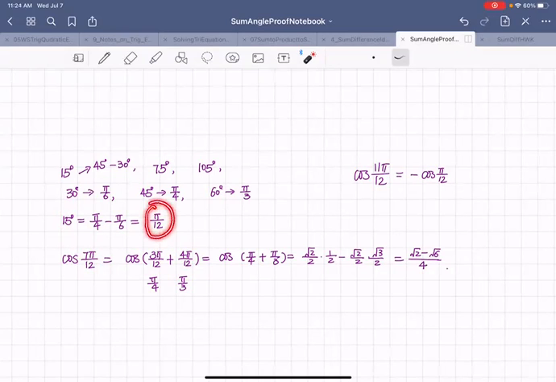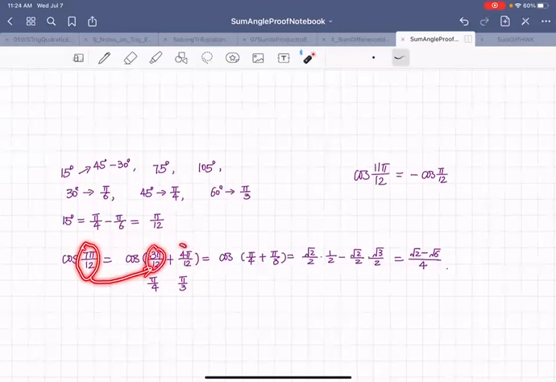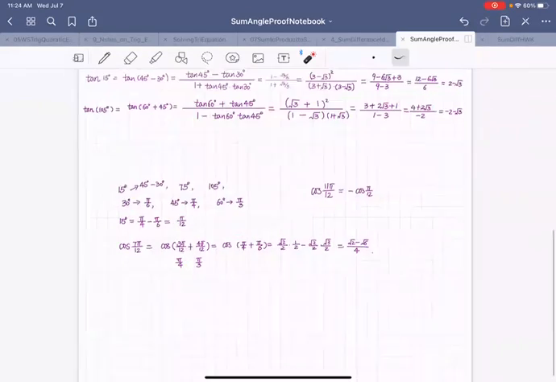When you see pi over 12, you immediately relate it to pi over 4 minus pi over 6, because pi over 12 corresponds to 15, and 15 equals 45 degrees minus 30 degrees. You need to relate to those two angles and be sensitive to see which formula you need to use.